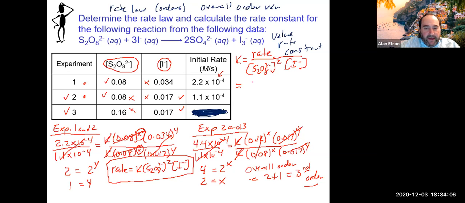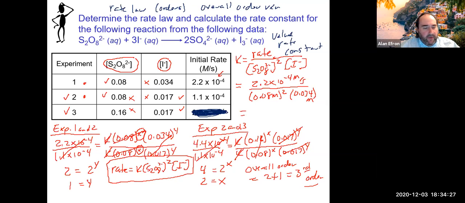So we'll go with 2.2 times 10 to the minus 4 molar per second, divided by 0.08 molar. Again, we need to square it, and 0.034 just to the first, and that is also molarity.